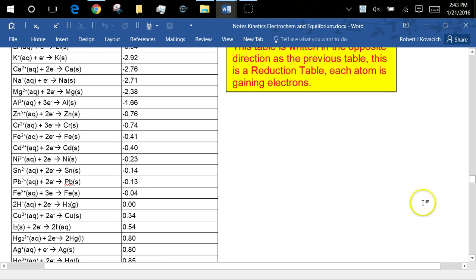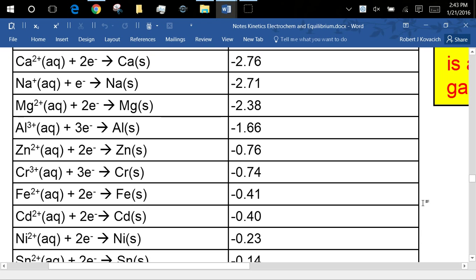So, is the magnesium written correctly here? It's not, it's written backwards. So the magnesium is going to be generating 2.38 volts. What about the zinc?